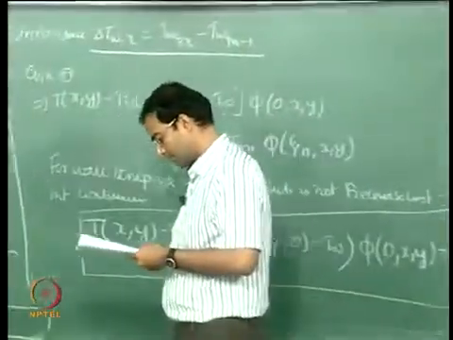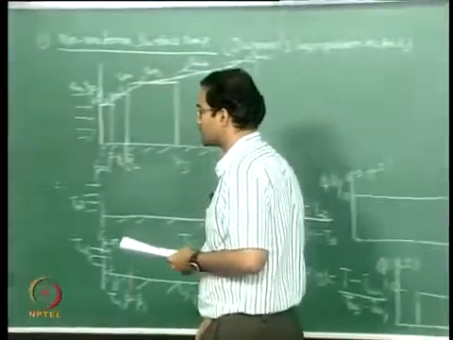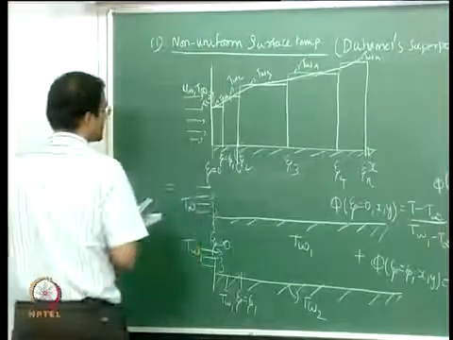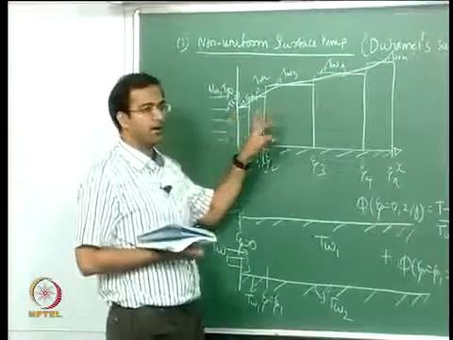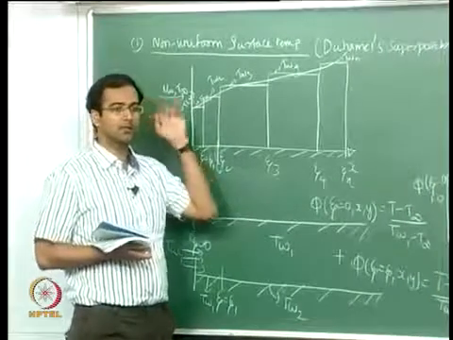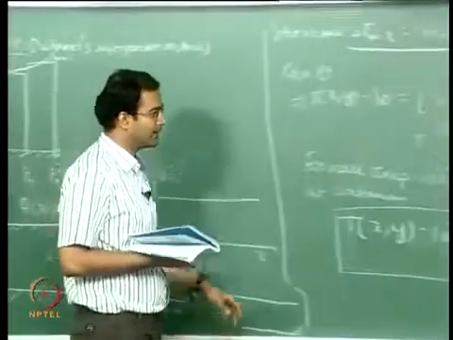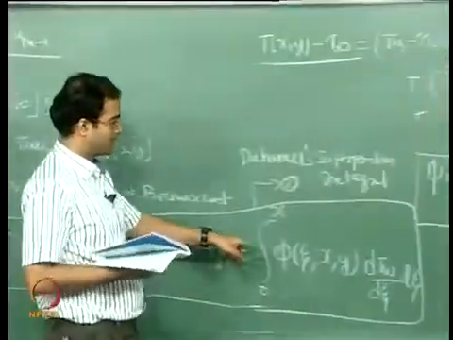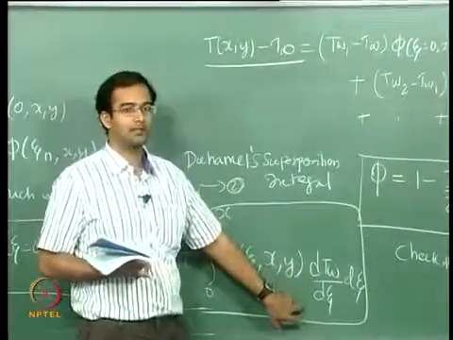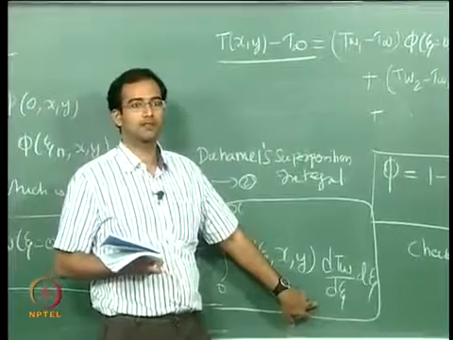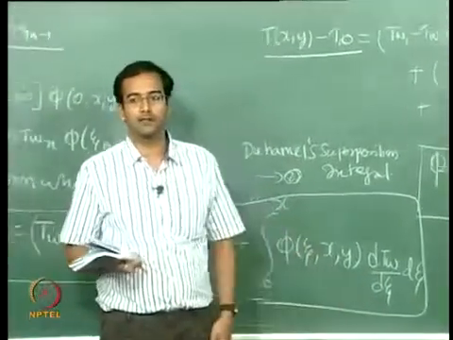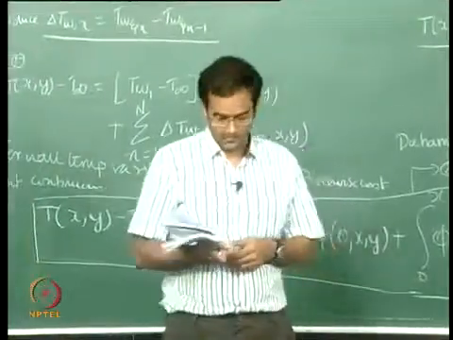So the general superposition which we discussed above is a general method, and usually it is applied where you have this discrete piecewise constant kind of approximation. If you do not make that but directly put the slope of the wall temperature variation as a continuous variation, then the resulting expression is called the Duhamel's integral method.